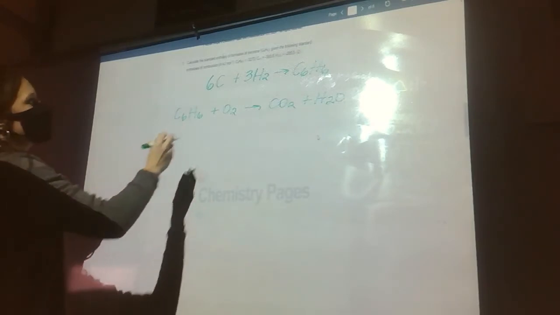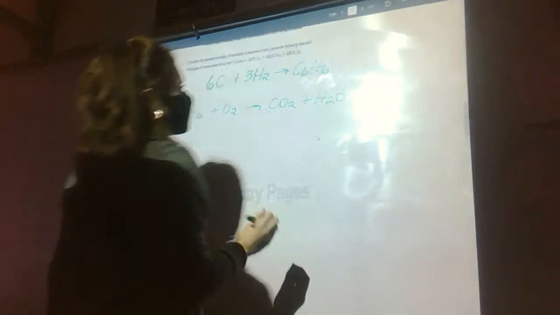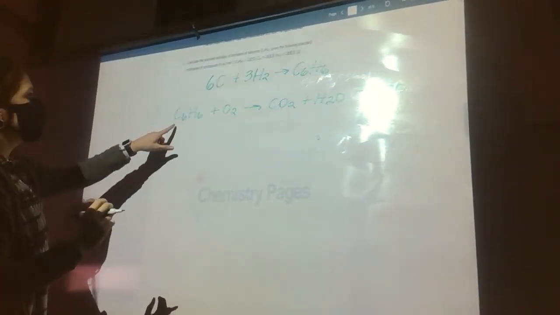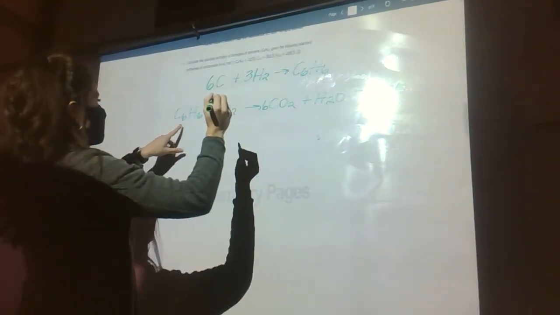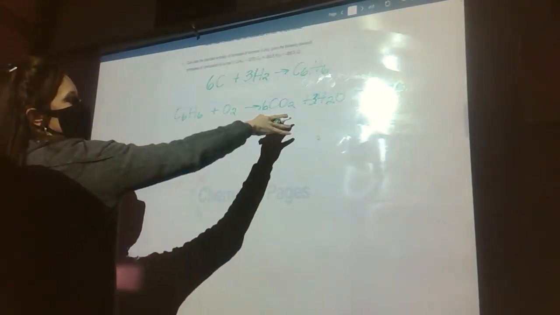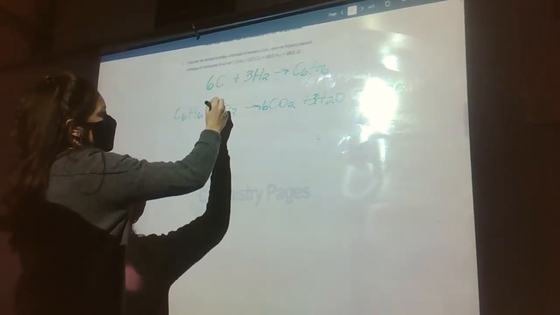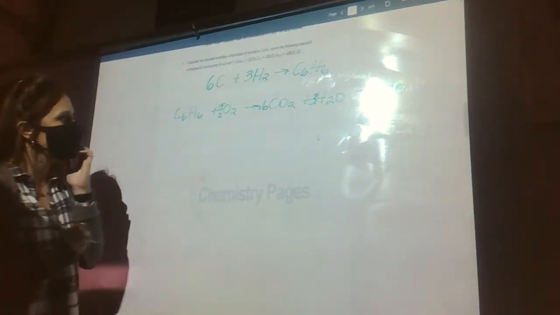The combustion of that is negative 3270, and it needs balanced: 6 carbons, 6 hydrogens, 12 plus 3 is 15, so this would be 15 halves of an O2.